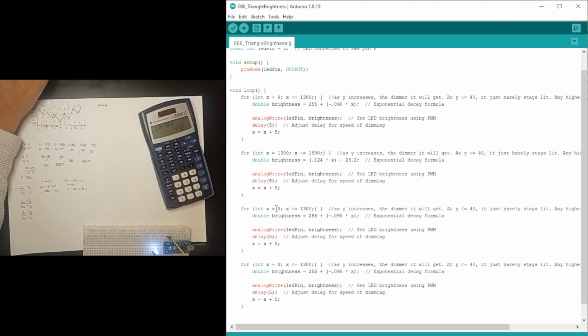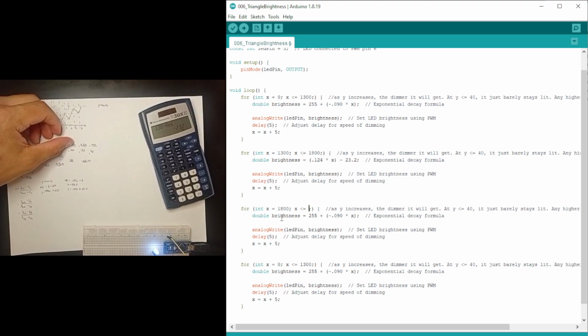Relatively quick. Let's just maintain the 5. 1800, x equals, what was the next one? 2900.